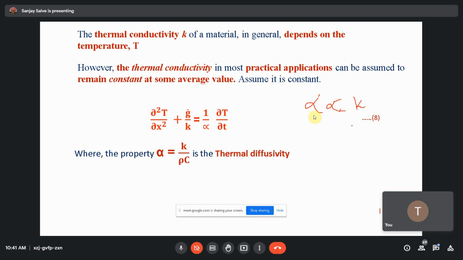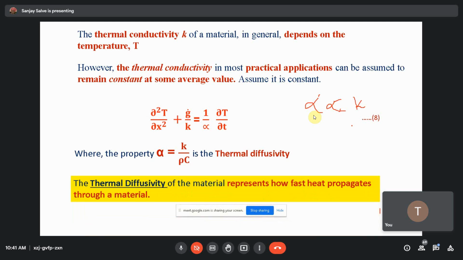So the more the thermal conductivity, the faster the heat propagates through the material. The material which has high thermal conductivity, through which the heat is propagated very fast. This is the conclusion.